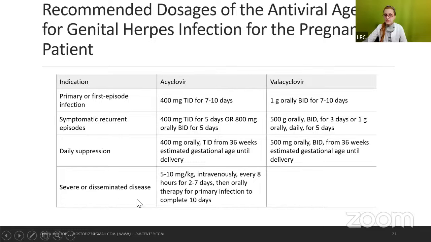For disseminated disease, give 5 to 10 milligrams per kg intravenously every 8 hours for 2 to 7 days, then oral therapy for primary infection to complete 10 days.